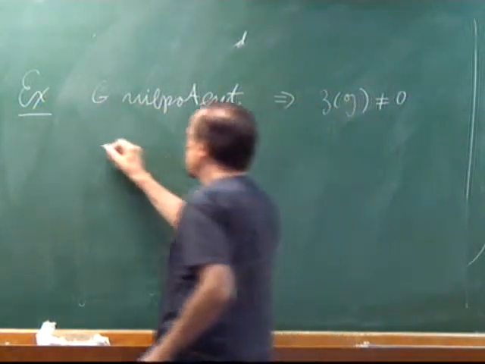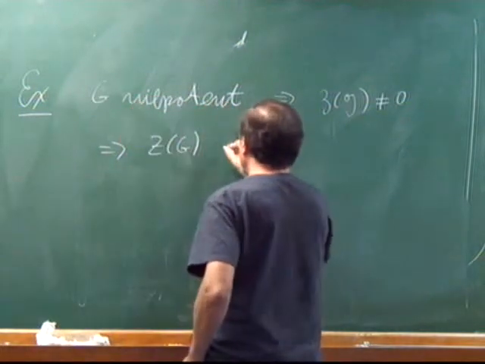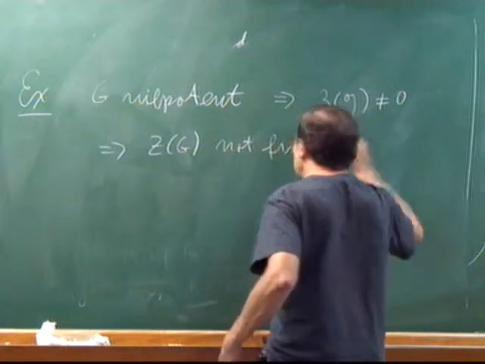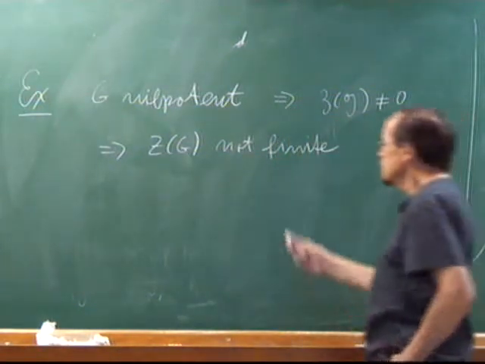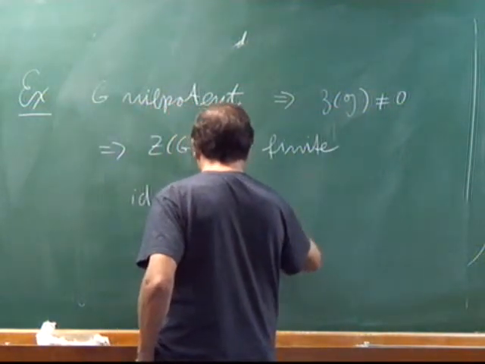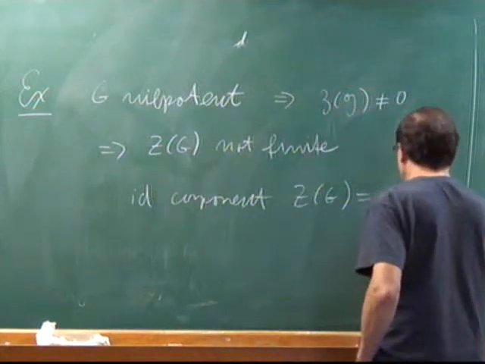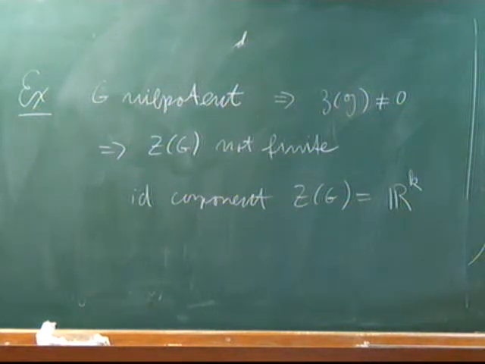This implies that the center of G is not finite. It's not abelian. So that means that, for example, the identity component is equal to some abelian group. Could be a quotient, actually has to be R^k, but that's not so important.